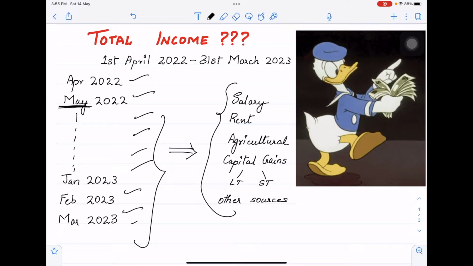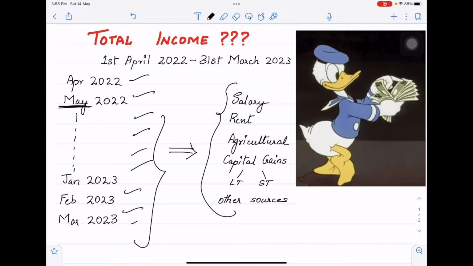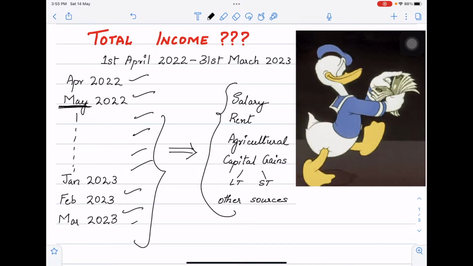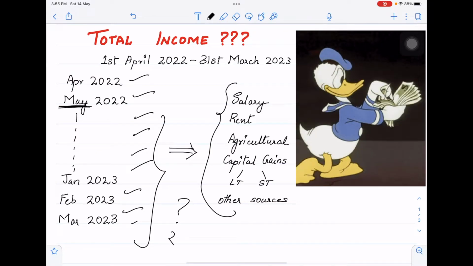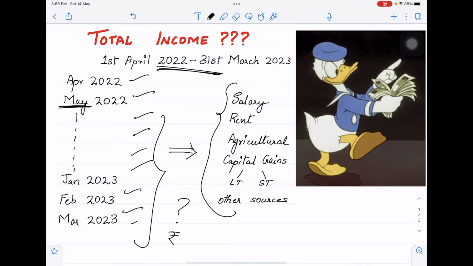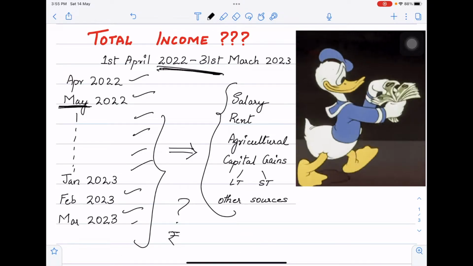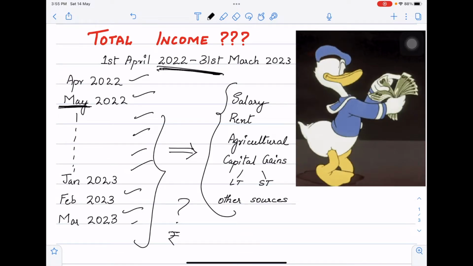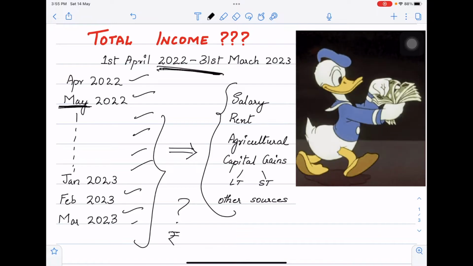It does not have to be 100% accurate. All you really need is a best guess as to how much money you are likely to earn in this financial year. That's all that you are supposed to compute. You don't have to worry that it is not 100% accurate. Nothing is going to happen.